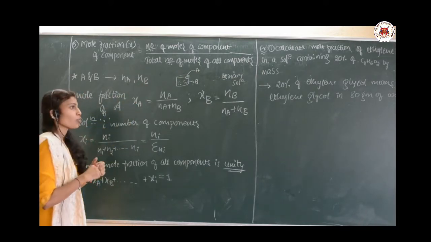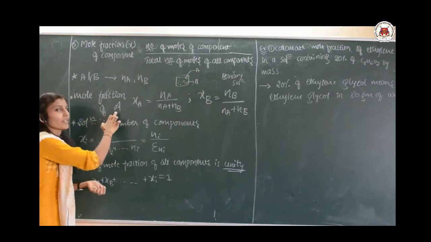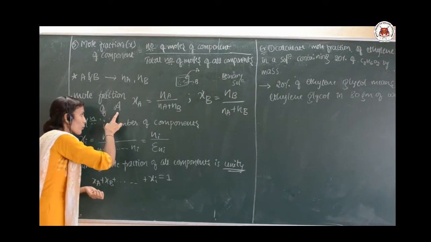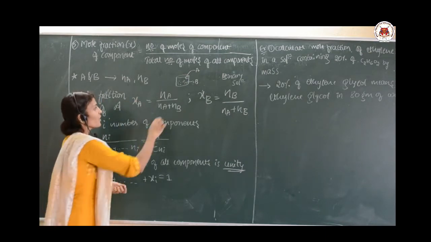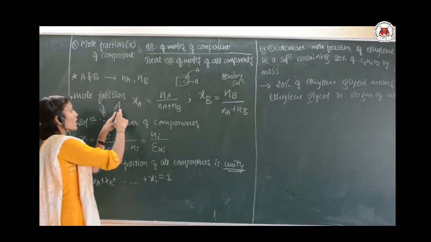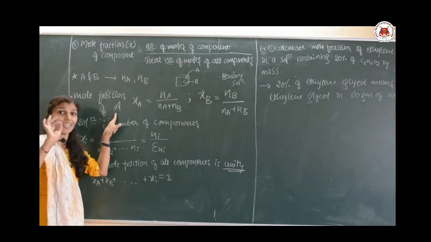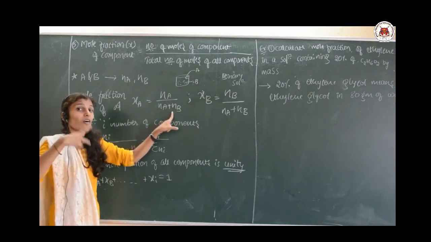Now let us come to the mole fraction. The mole fraction of component A, x A, is equal to Na, because it is the number of moles of that component. Which component? Here we are writing component A, divided by the total number of moles of all components.